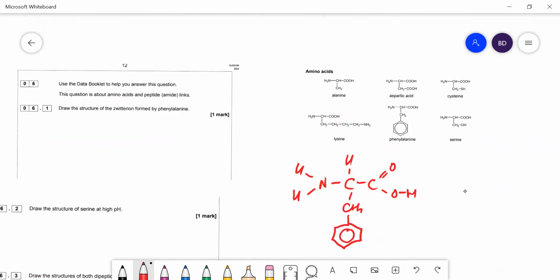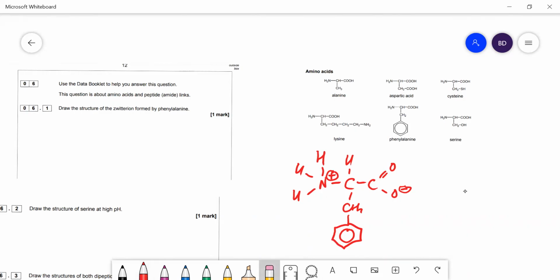Now we want this zwitterion form, so we've got to deprotonate the carboxylic acid so that it becomes O-, and stick a proton onto the amine to charge it. So that's the zwitterion form of phenylalanine. That's pretty straightforward. Now let's draw the structure of serine at high pH. This is a bit of a trick question, so I'm just going to modify this.